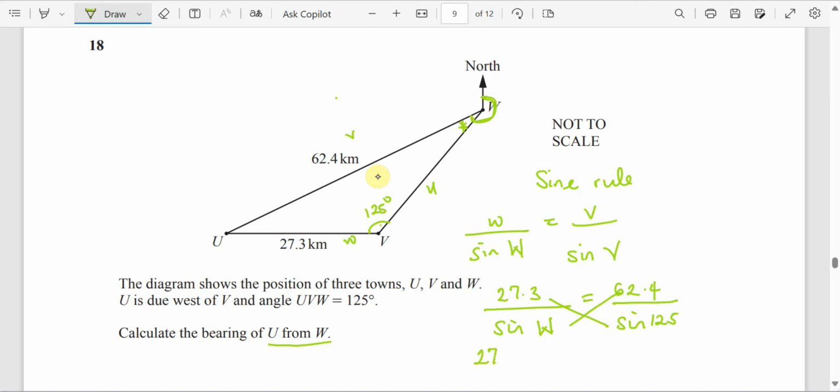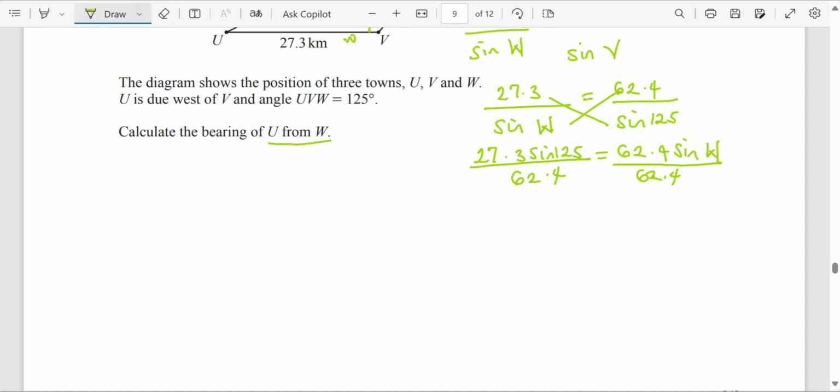We have 27.3 sine 125 equals 62.4 sine W. So we'll divide through by 62.4. All right, so from here, W would be equal to sine inverse of 27.3 sine 125 over 62.4.